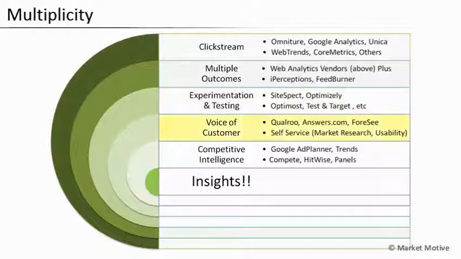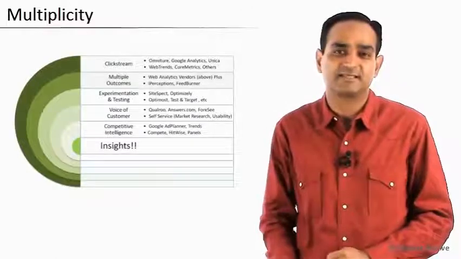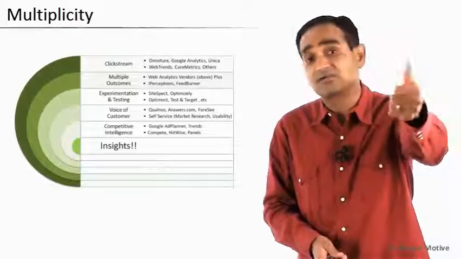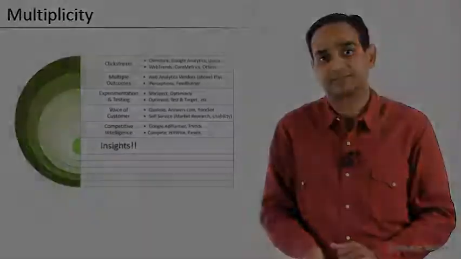If you want to do voice of the customer, there are free survey solutions like 4Q and Qualaroo, or you can use other longer, more paid versions of surveys from Answers.com or other strategies. And finally, for competitive intelligence, you have access from search engines, you have access from competitive intelligence tools like Compete and SimilarWeb. All of these will help you understand how your competitors are behaving. These help you identify really robust insights to take actions both smarter and faster than your competitors in order to have a very successful business.